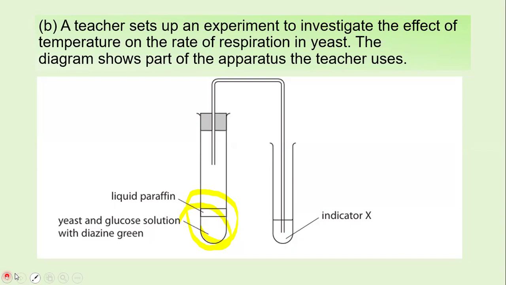So we had to make this yeast and glucose solution anaerobic. We had to create an anaerobic condition, so we use liquid paraffin on top of this solution, which prevents the entry of oxygen into the solution. So there is no oxygen, and there is no way for aerobic respiration to take place. So this is going to ferment glucose by anaerobic respiration.